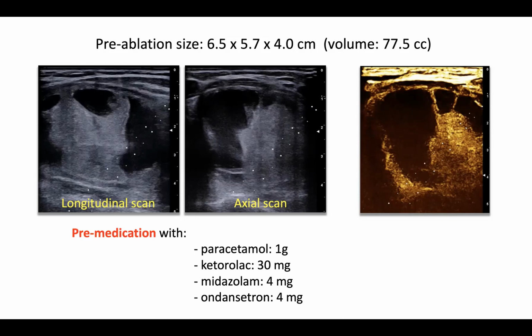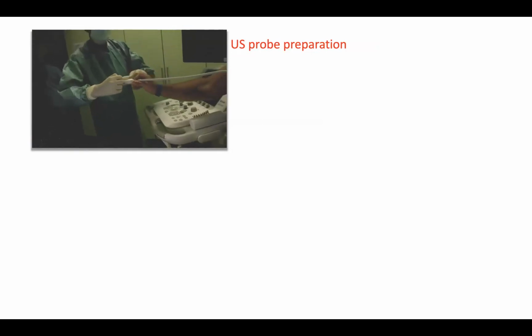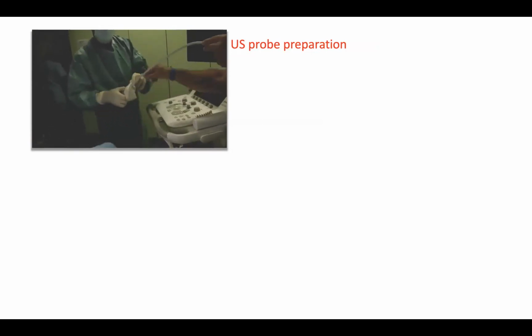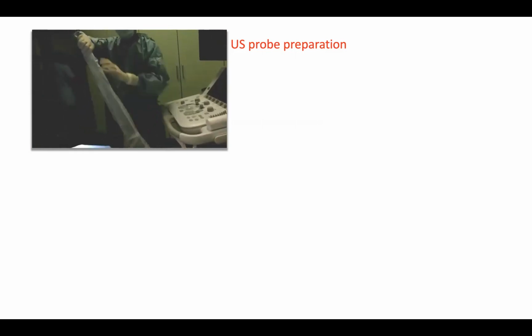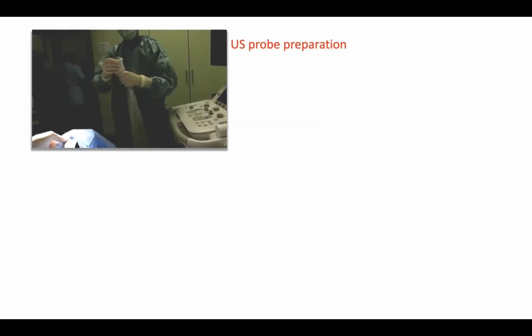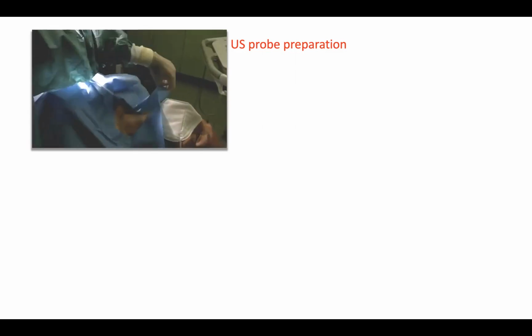We performed initially a pre-medication with paracetamol, ketorolac, midazolam, and ondansetron, with the dosage indicated here in the slides. Initially, we prepare the ultrasound probe with the insertion of the probe into the sterile protection, in order to facilitate all the procedure.